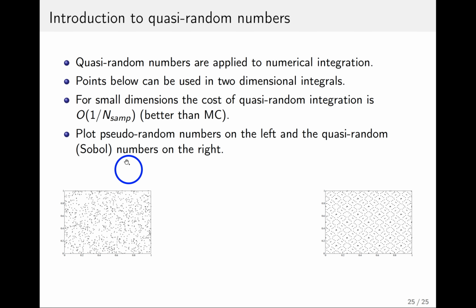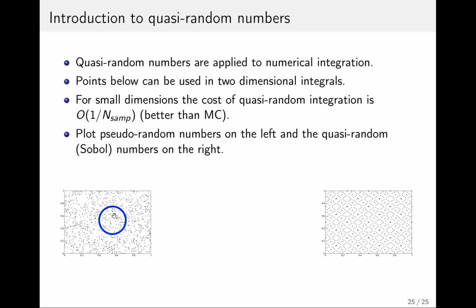They're a specially designed sequence of numbers, and they claim for smaller dimensions you can sometimes get performance where the error is 1 over the number of samples, so there's no square root, and the error goes down a lot faster. That's better than the 1 over the square root of the number of samples from Monte Carlo.